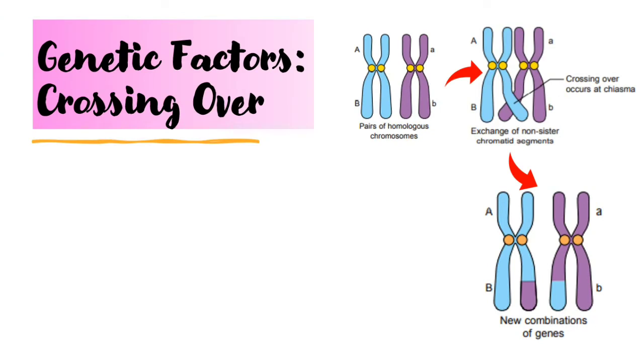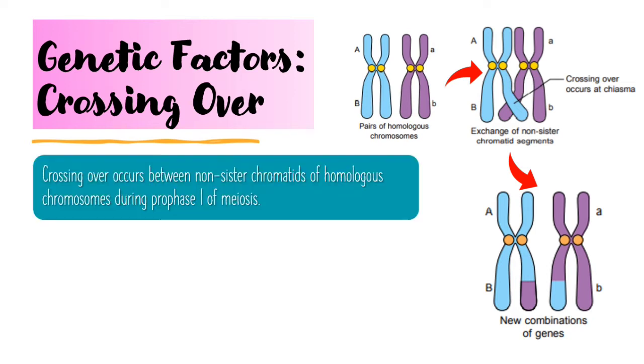Now we discuss more about the genetic factors. Okay, crossing over. So look at the picture. Crossing over occurs between non-sister chromatids of homologous chromosomes during prophase 1 of meiosis. You have learned about prophase 1 during the chapter on cell division.